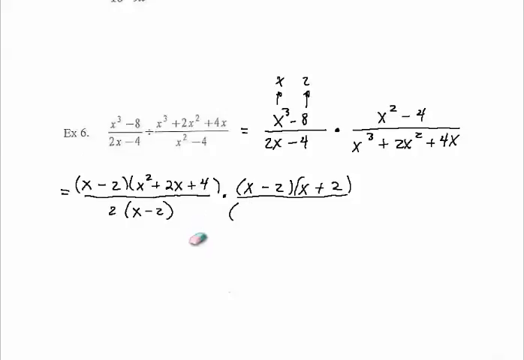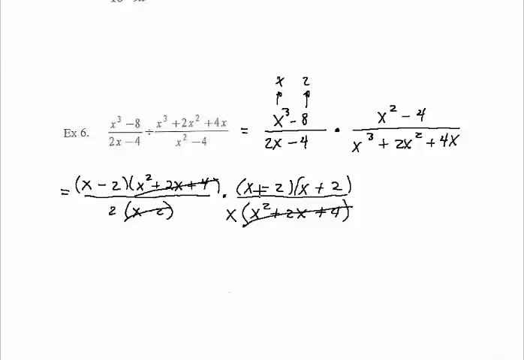Let's see, finally our last denominator from these 3 terms, we can factor out a single x. We get x squared plus 2x plus 4. So our trinomial from this first numerator is going to cancel out.